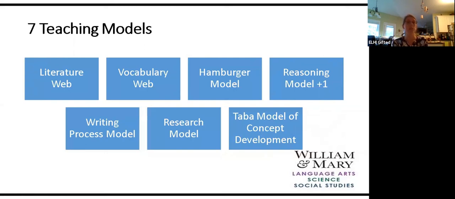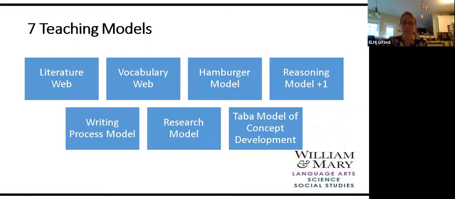This is researching about issues or problems. And so there are 8 different steps to go through when the student is researching that. And the graphics in here just help the students move through those steps and make sure they're addressing all parts of a solid research product. And then the last model is the TABA model of concept development, which we'll get into in just a second.